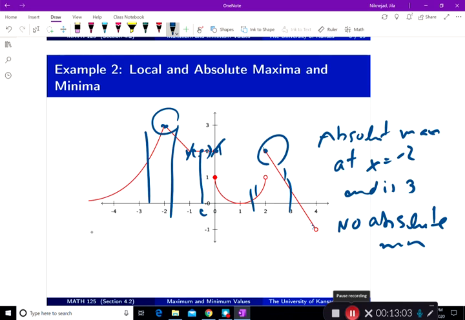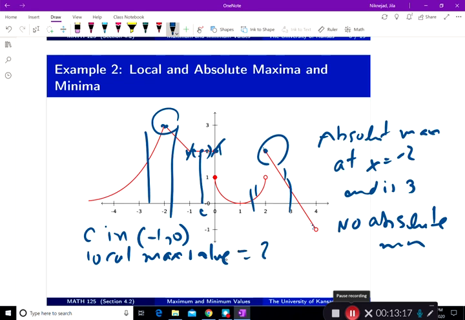So for any c in (-1, 0), there is a local max value equal to 2. For x equal to -2, local max value equal to 3.